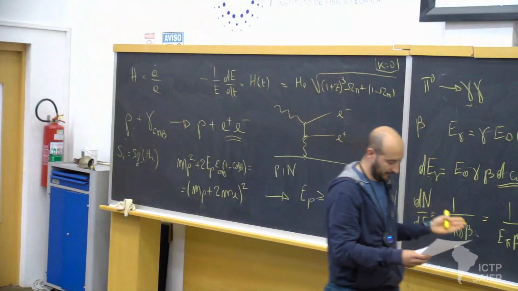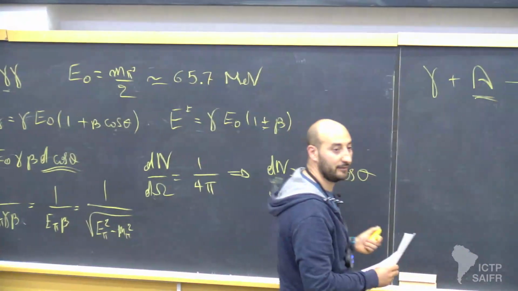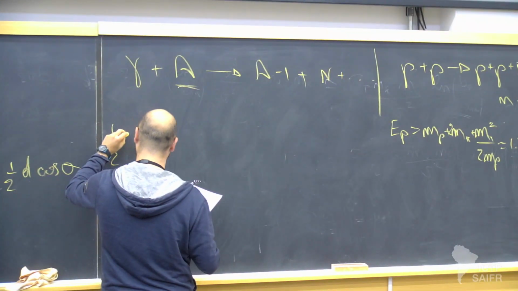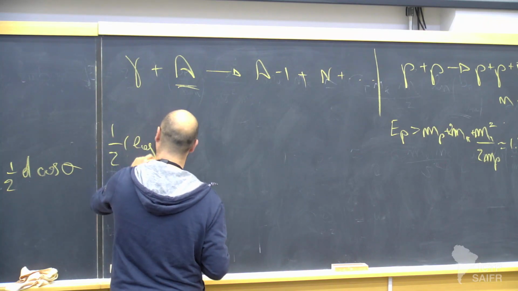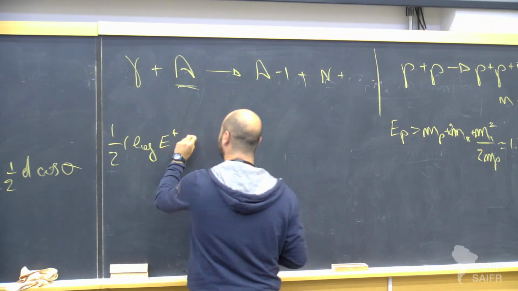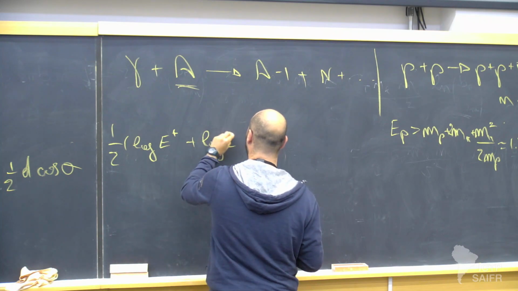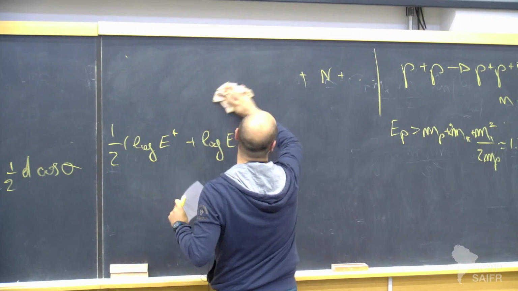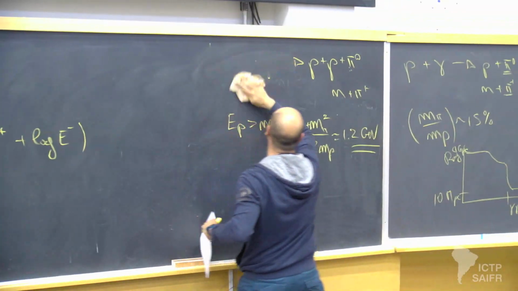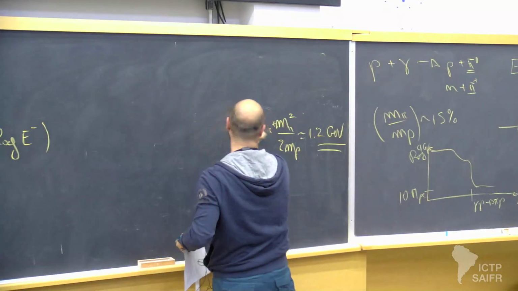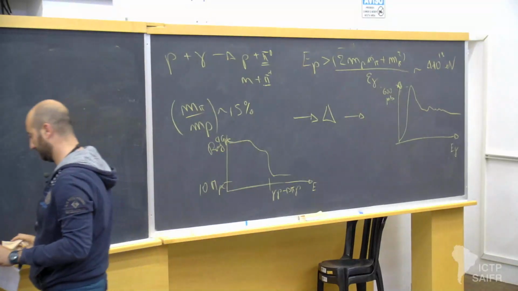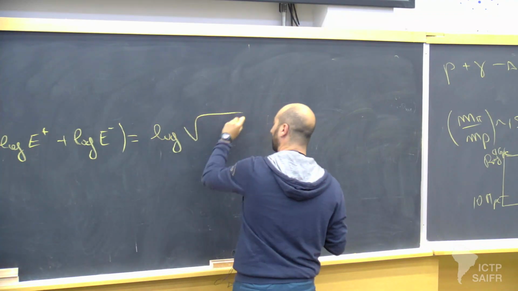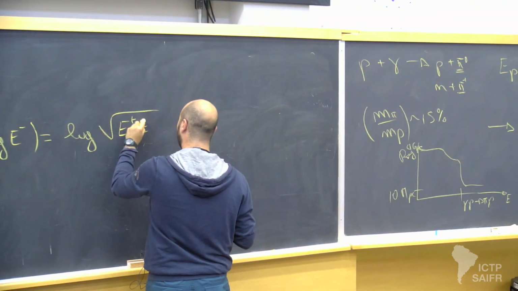By the way, in log space, if we calculate, you have a question? No. If you calculate the average energy between the maximum energy and the minimum energy of the photon, this is equivalent to the log of the square root of E plus times E minus.